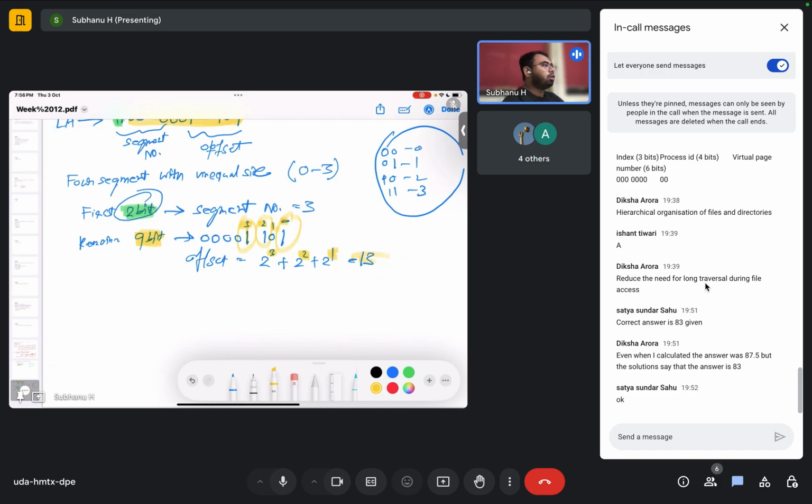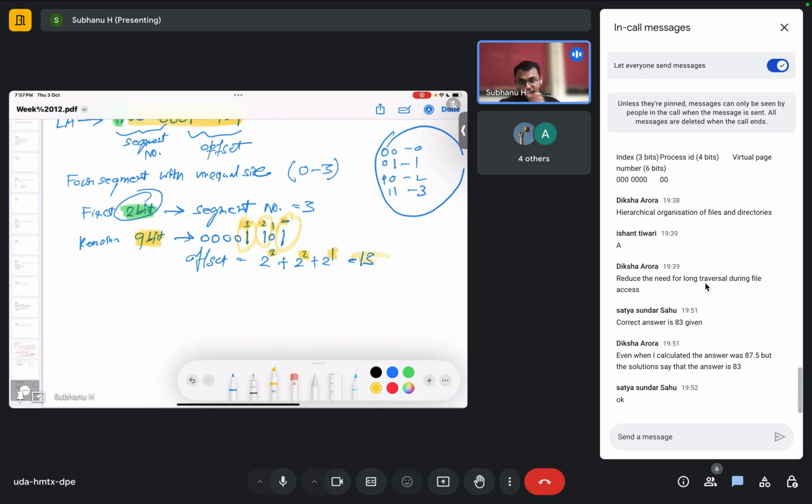Now from the segment table, we have the segment number, the base address in decimal and the length in bytes. So we have to validate it. From the segment table, we see segment 3, the last row, has base address 180.